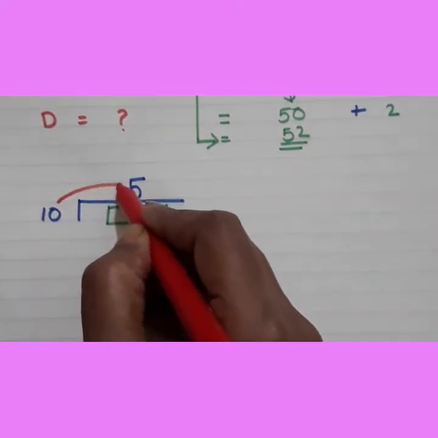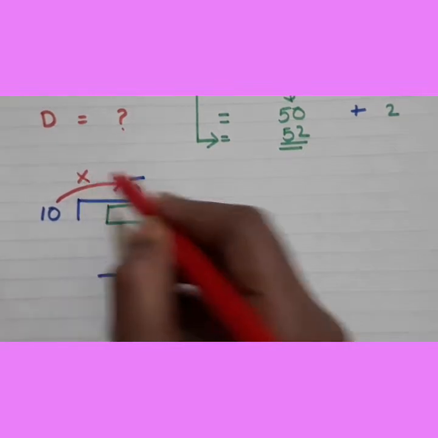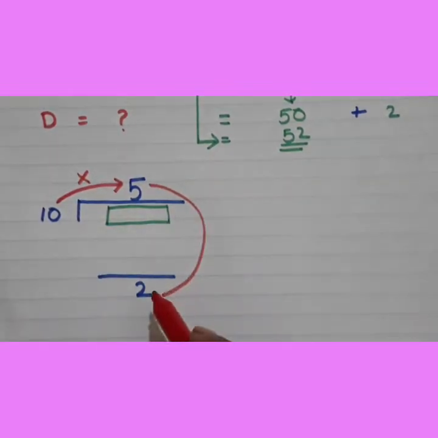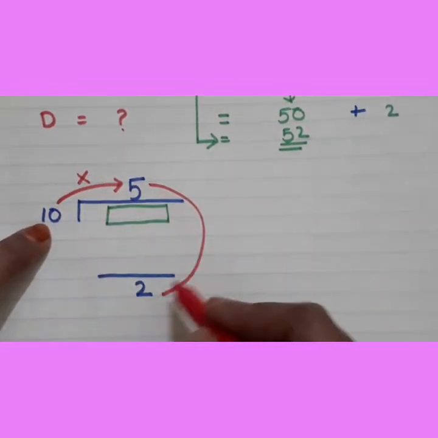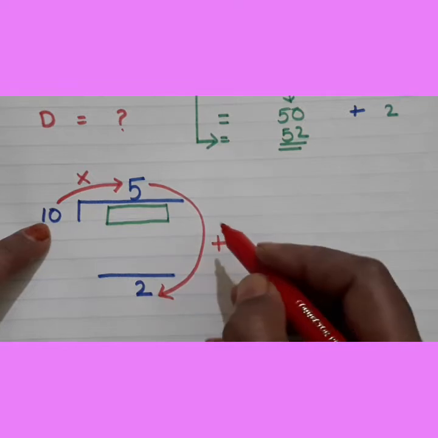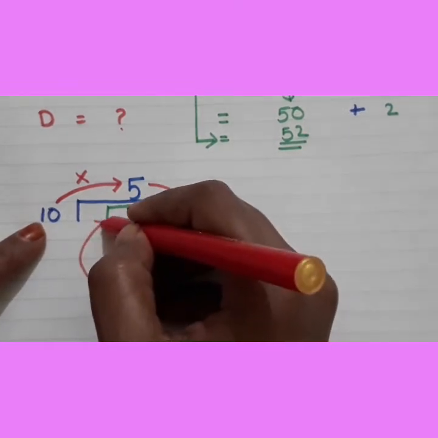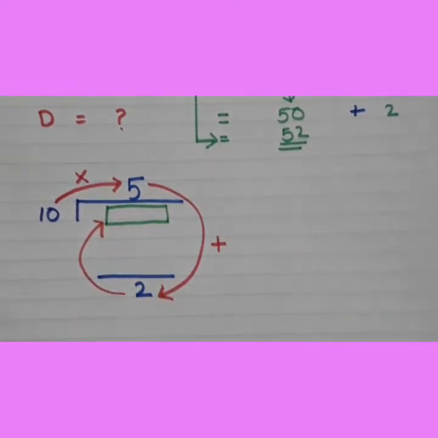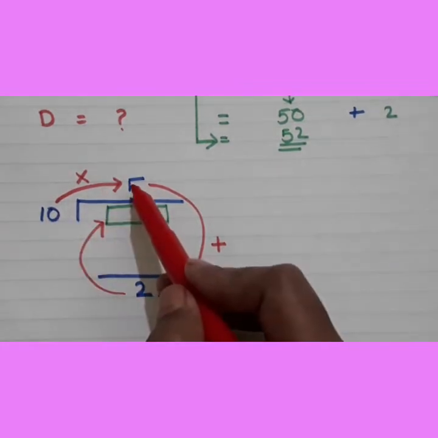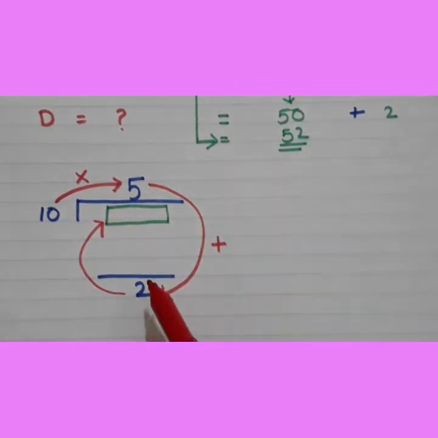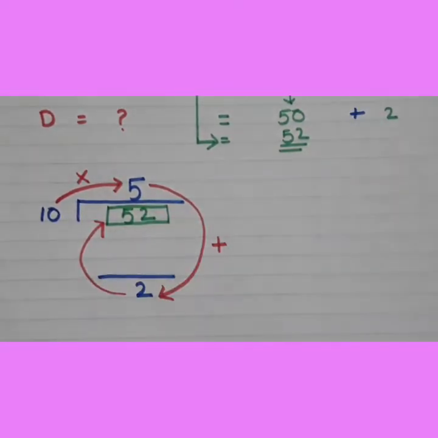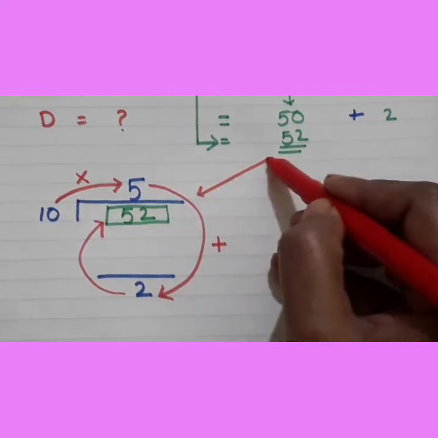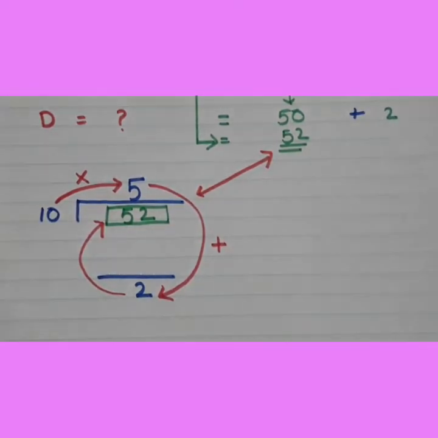We said divisor multiplied by quotient plus remainder should give you the dividend as the answer. Am I right? It means 10 fives are 50 and 50 plus 2 is 52. See, this is what we have got here.